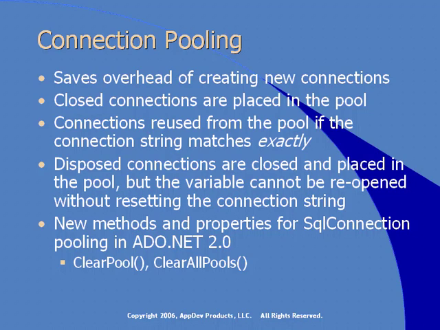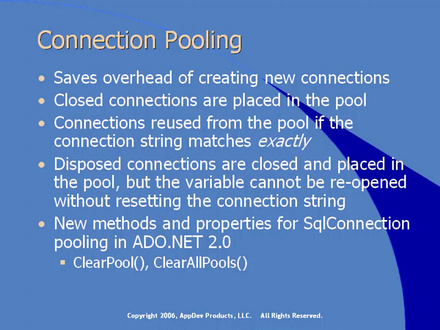The terminology is used kind of imprecisely. Some people will talk about a connection pool as if there's only one, and that this connection pool can have many different connection strings in it. But in reality, the more precise way of talking about this is that you can actually have a pool for each connection string.